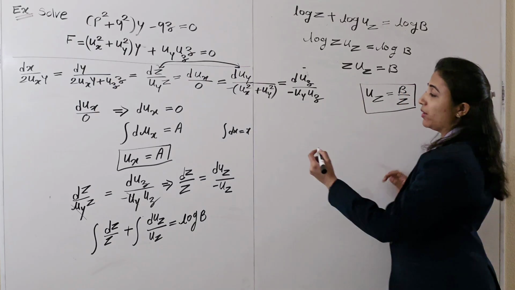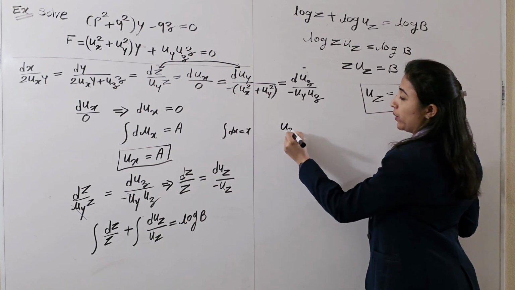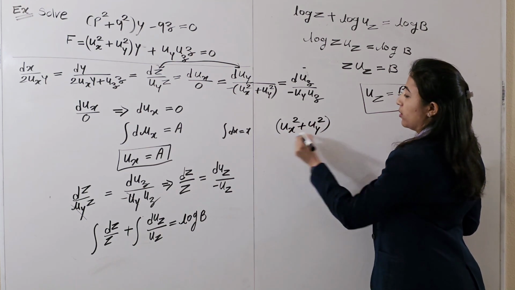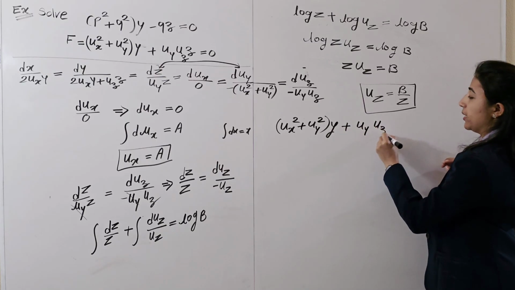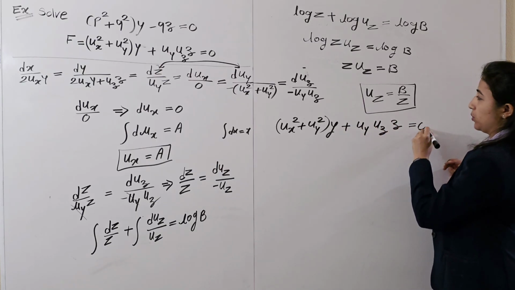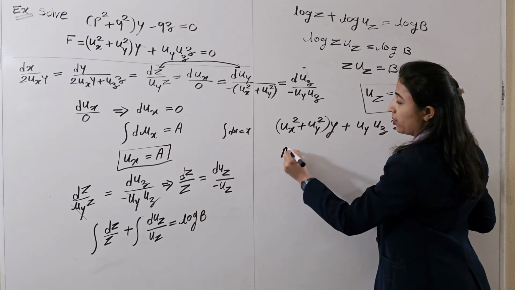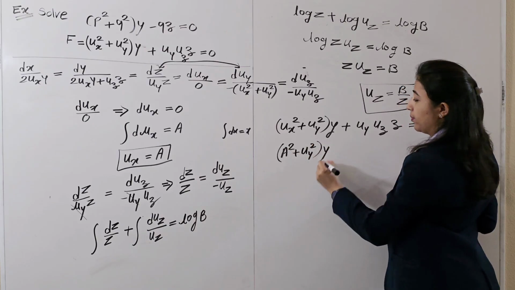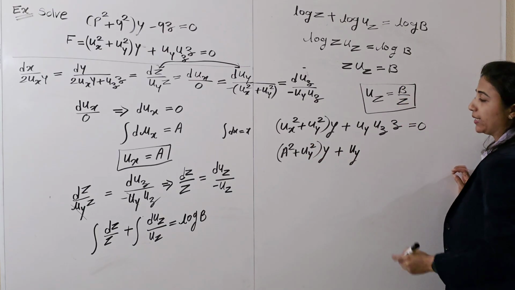So see here, from our given differential equation, our equation is (ux square plus uy square) into y plus uy uz into z equal to 0. Put the value of ux and uy. Ux is a, so a square plus uy square into y, plus uy again you have to find out, so keep it as it is.